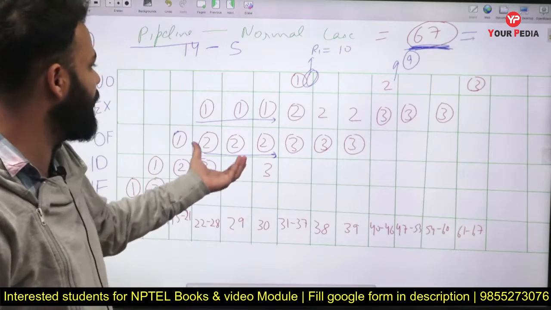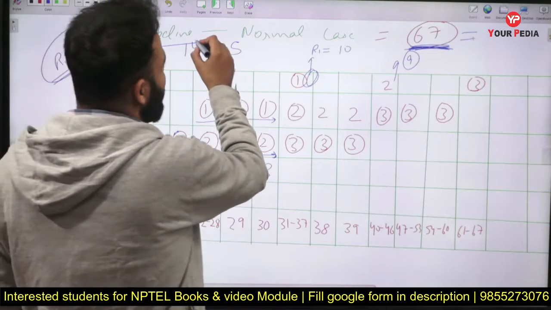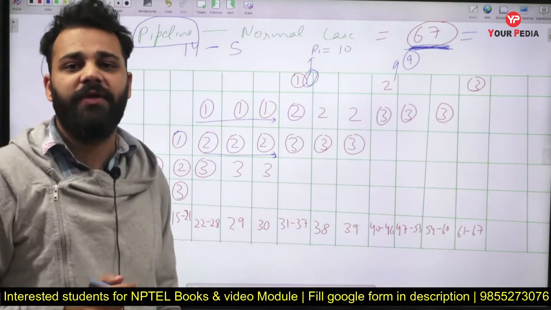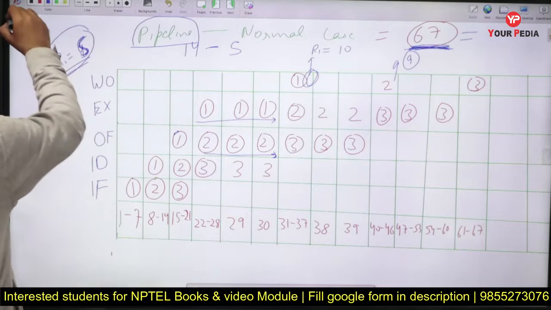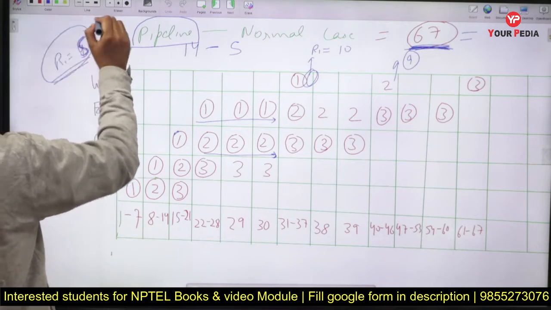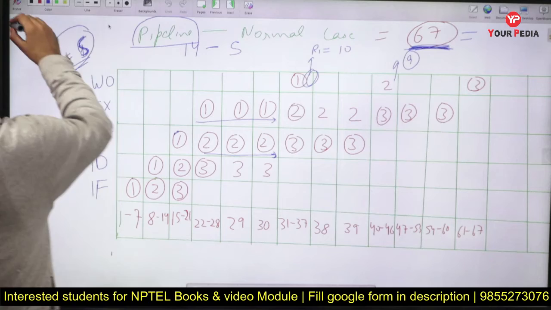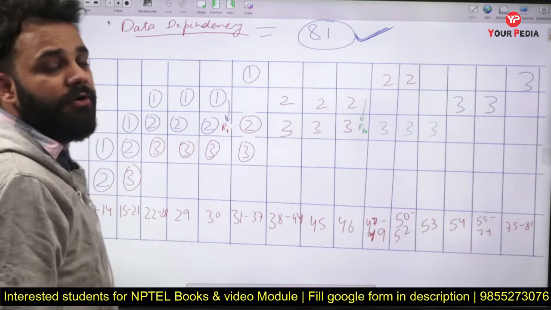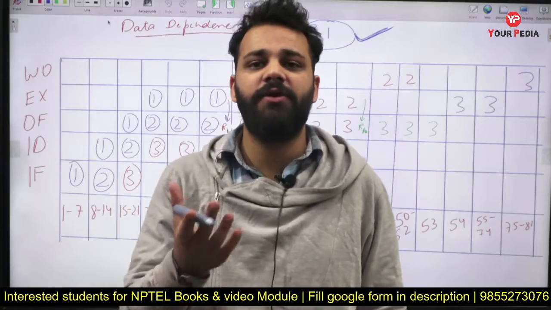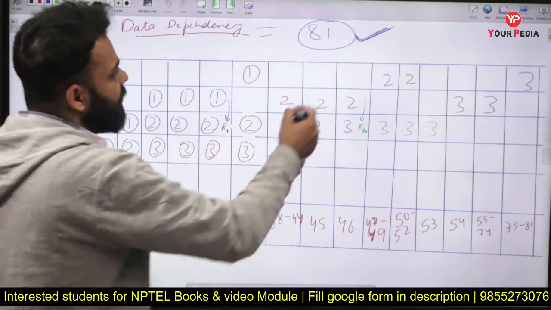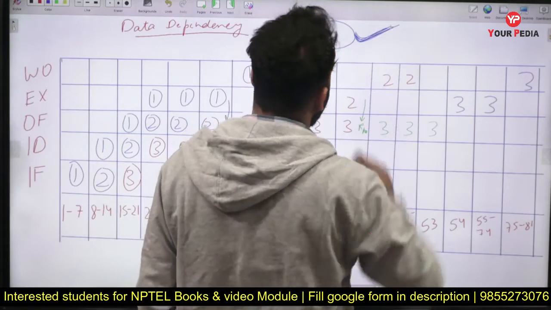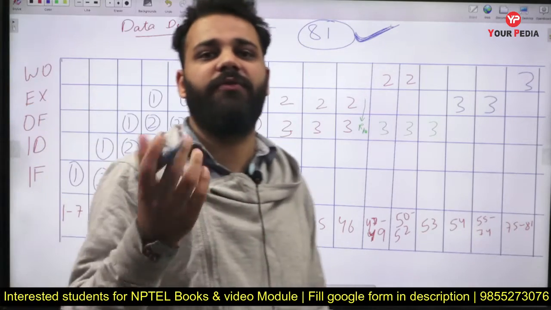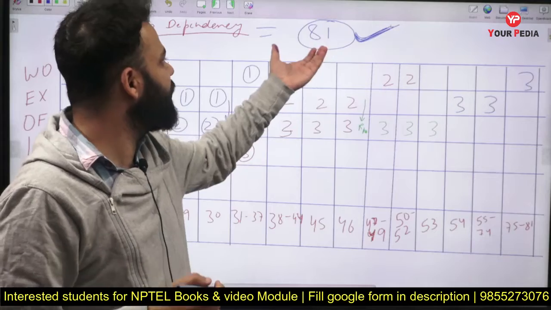So if we take into consideration the data dependencies present, and to solve those data dependencies we use the operand forwarding technique, the number of cycles is 81. Though it is more than the previous case, in the previous case the answer would have been wrong. So the correct answer is 81.